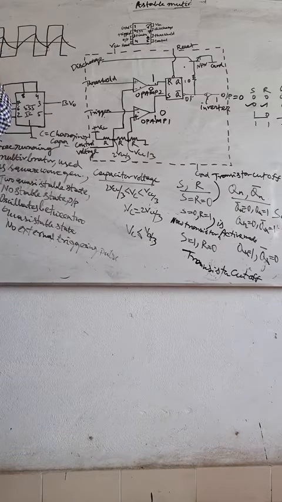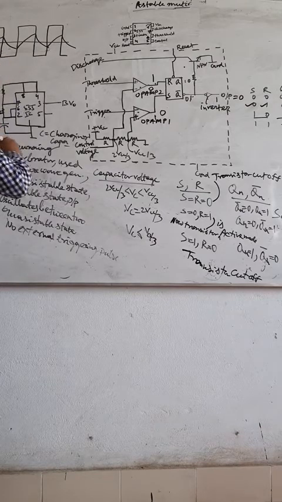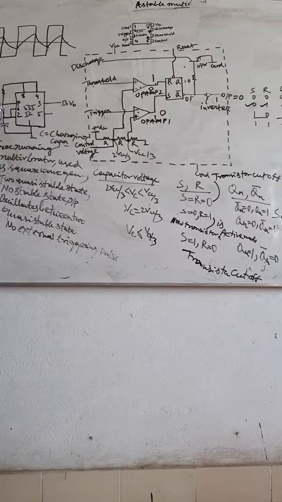This is minus Vcc by 3. So it is the amplitude. Suppose it is A, so it is minus A. This is Vcc by 3. This is minus Vcc by 3 to Vcc by 3. So the output looks like this.